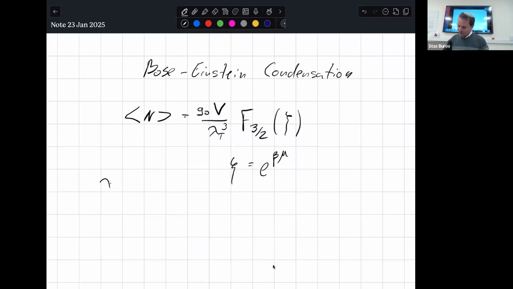And lambda T was the square root of 2 pi h bar squared divided by m k Boltzmann T. So those are the results.